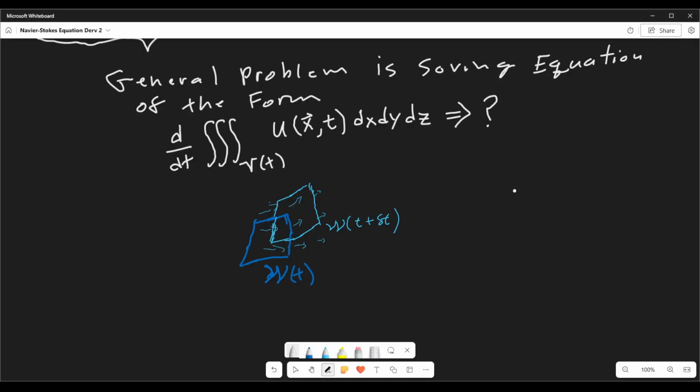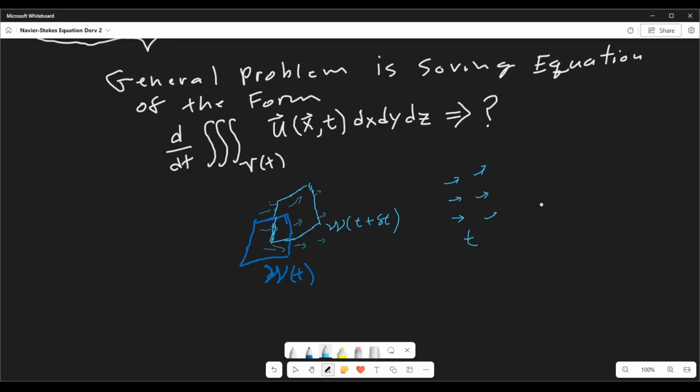I can't just go ahead and integrate the velocity field, because if I just integrate the velocity field, that would be just looking at the static velocity field. So say I have a velocity field that looks like this at t.